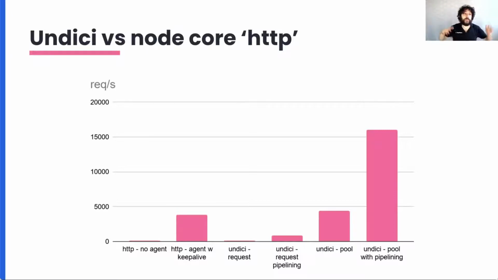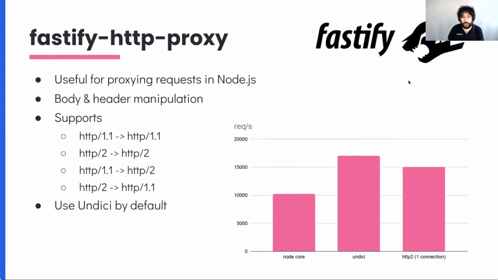Why? Well, because we are minimizing the number of round trips to the underlying kernel and the operating system. Anyway, we are using our socket the best, the most essentially. So for me, this is pretty great.